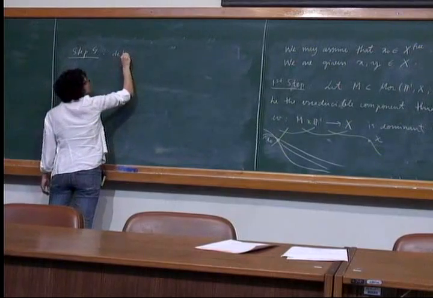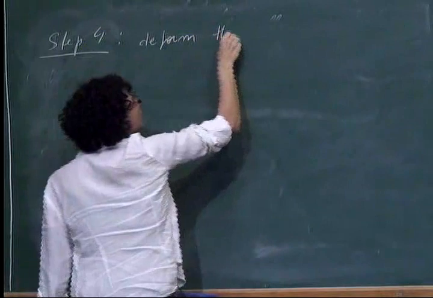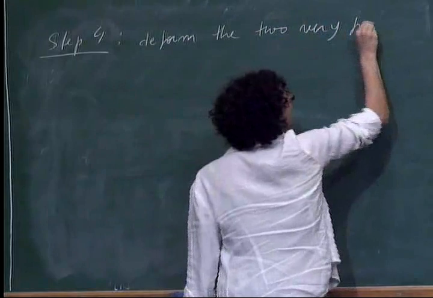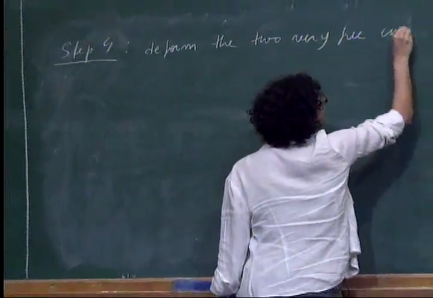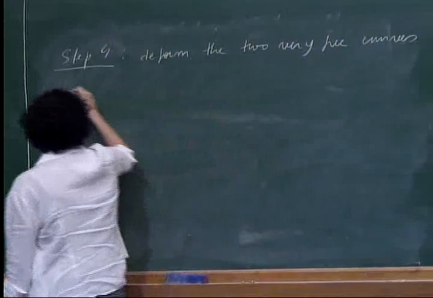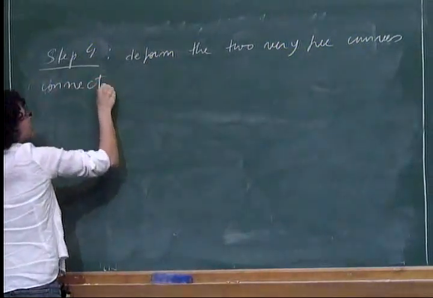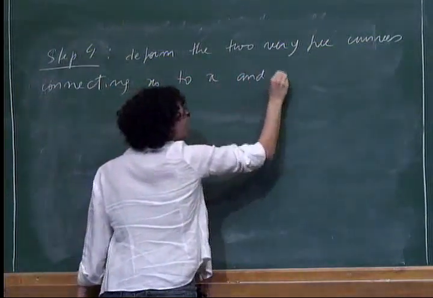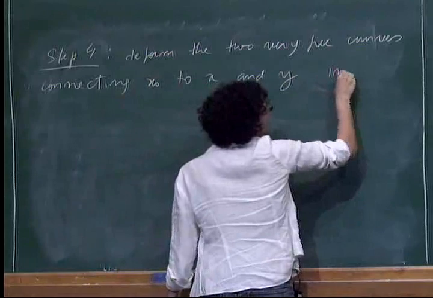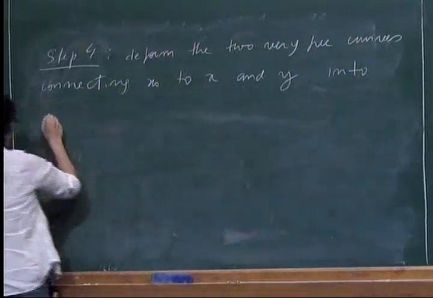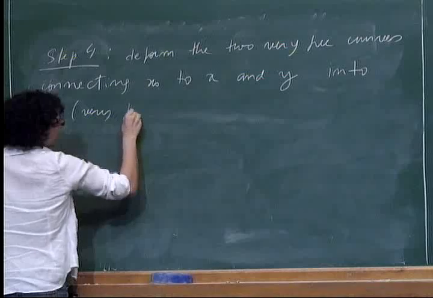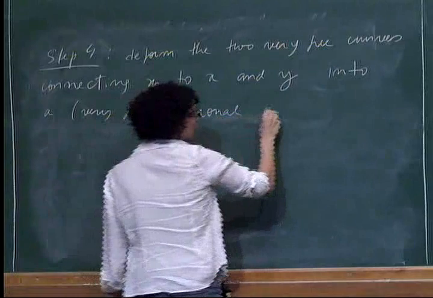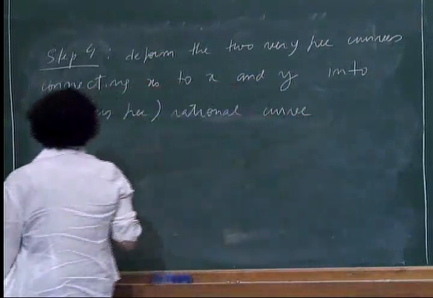Deform the 2 very free curves connecting x naught to x and y into a very free rational curve through x and y.